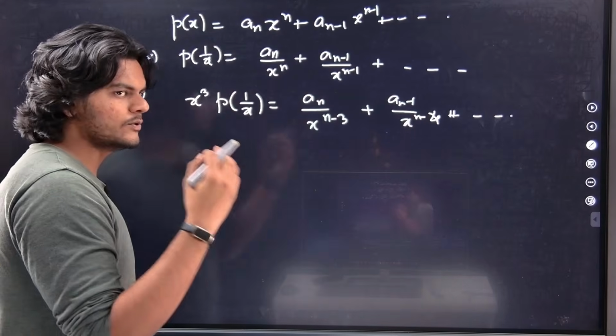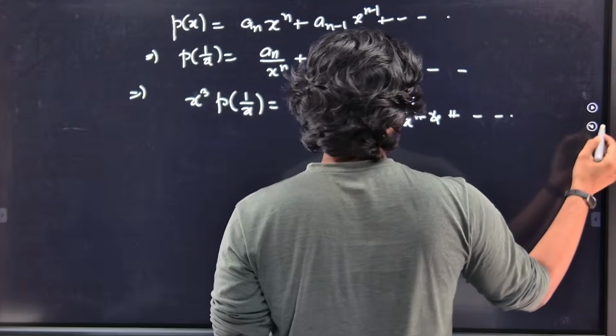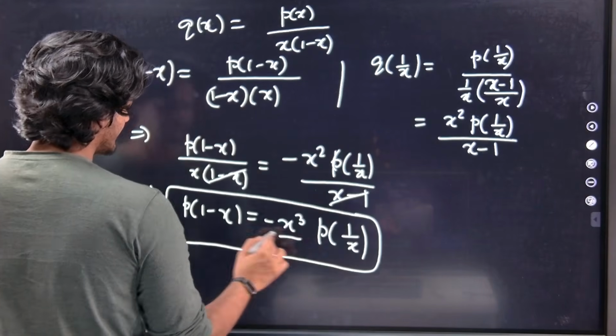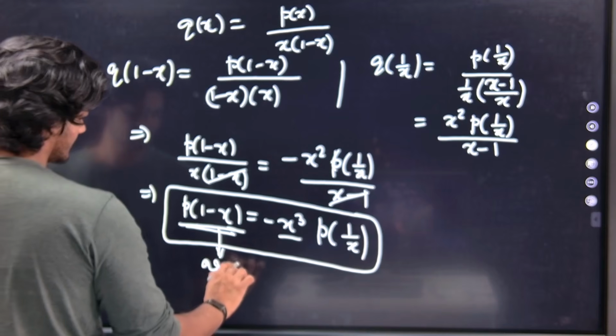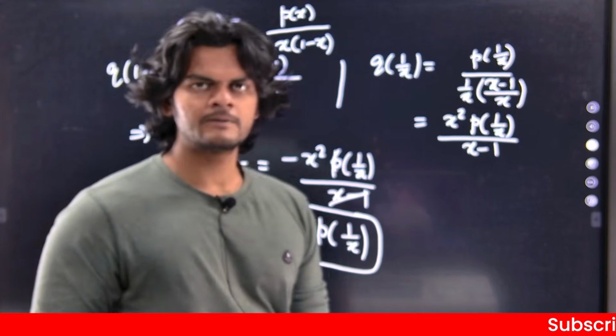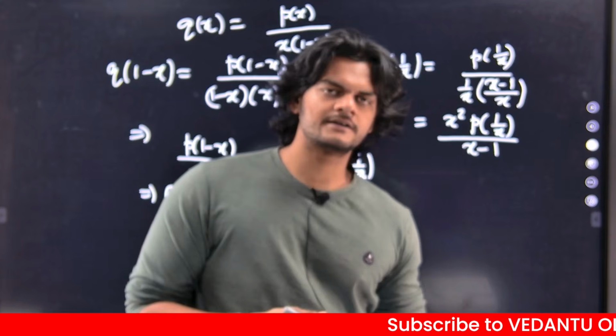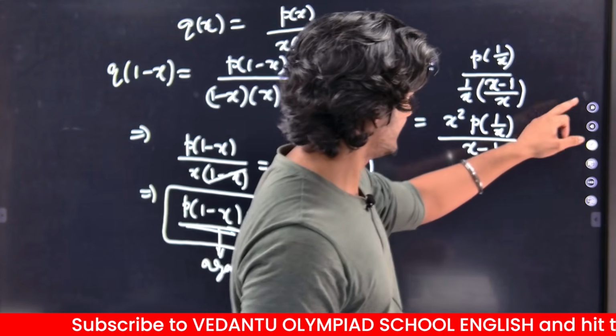Now, what do we know? We know that if I multiply x cube, I am getting a polynomial back. This is again a polynomial. What is the definition of polynomial? Polynomial has no denominators. At least the variable is never in the denominator, right?